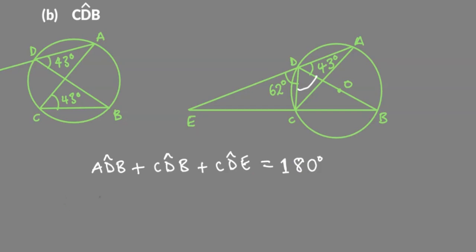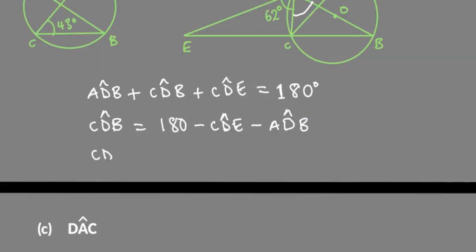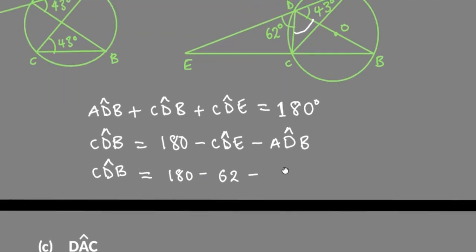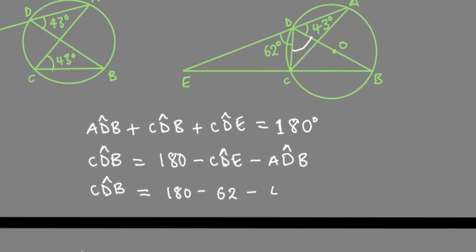Making CDB the subject, we can find its value. The angle CDE, which we have, minus the angle ADB, which we also have. CDB will then be equal to 180 minus CDE, which was 62, minus ADB, which is 43.